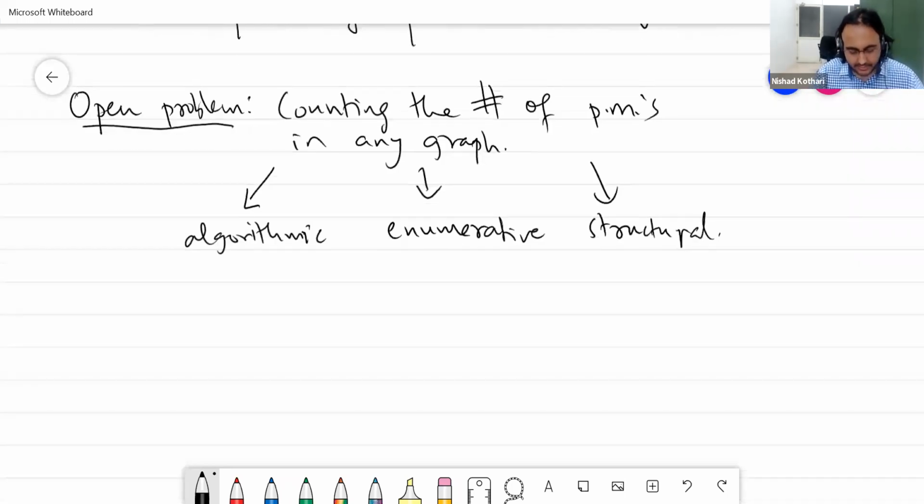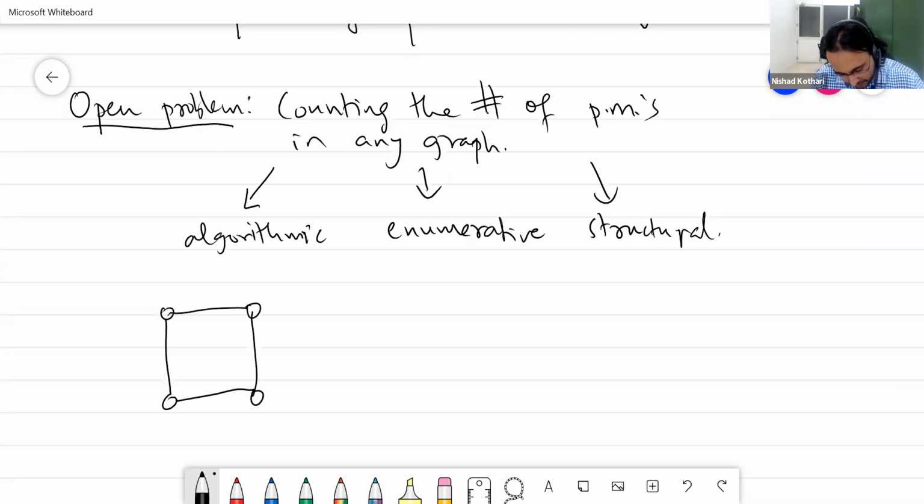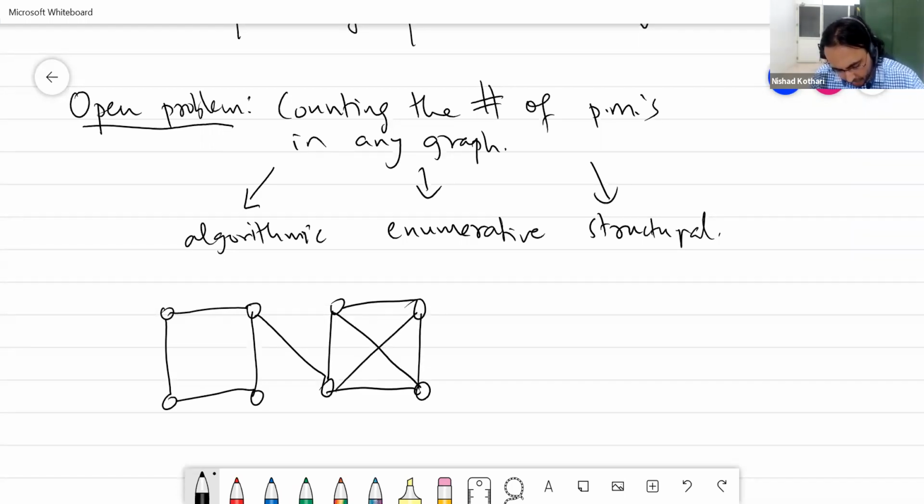The reason I'm mentioning this is because this is a problem where you only care about the perfect matchings of a graph. So for example, if this is your graph, then in this graph, you can check that this edge is not in any perfect matching.